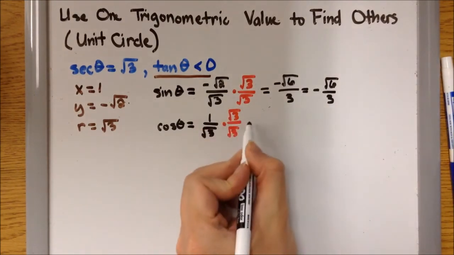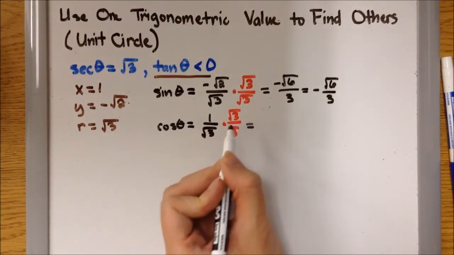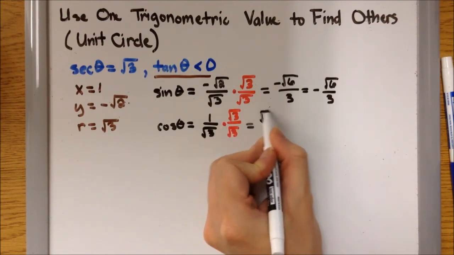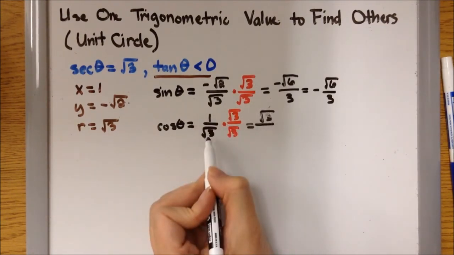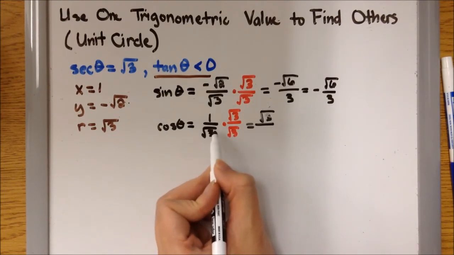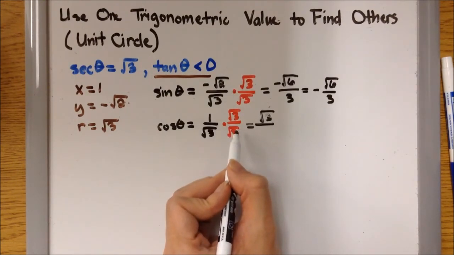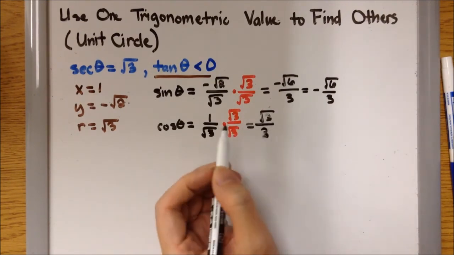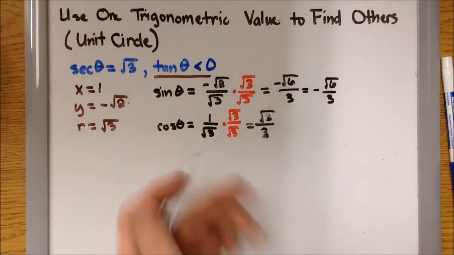So, on the top, 1 times square root of 3 is just square root of 3. Then on the bottom, in your denominator, square root of 3 times square root of 3 is square root of 9. And the square root of 9 is just 3. So that's all we have, square root of 3 over 3.